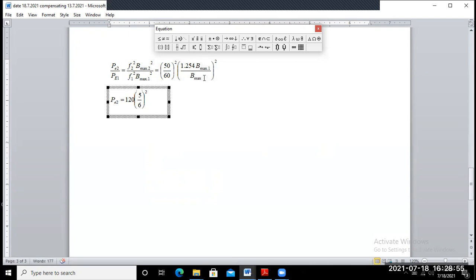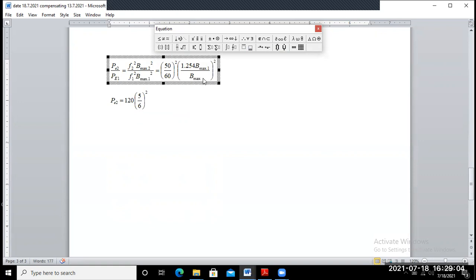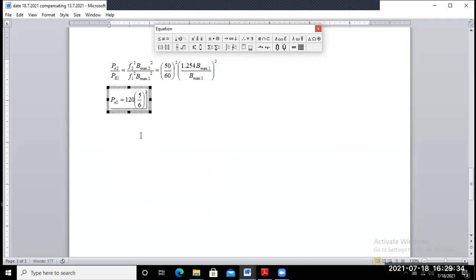V maximum 1 is cancelled out, so only the remaining part is 1.254 whole to the power 2.